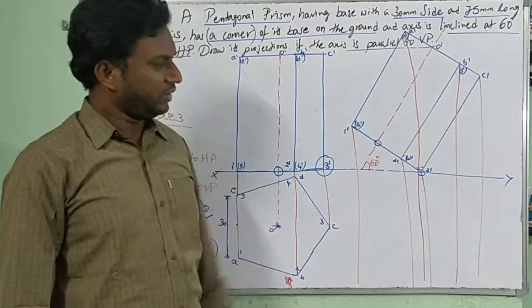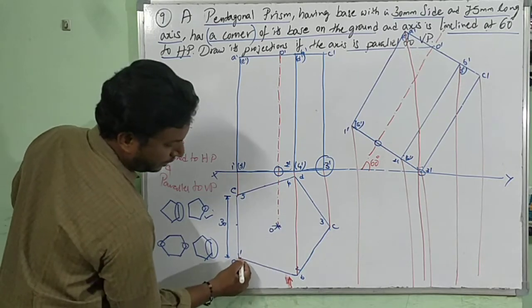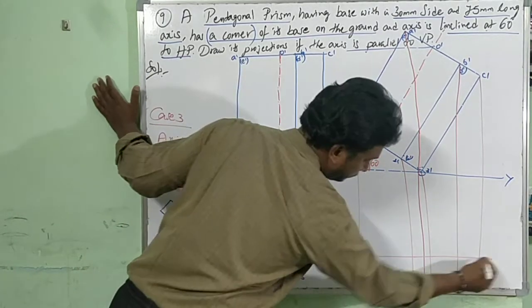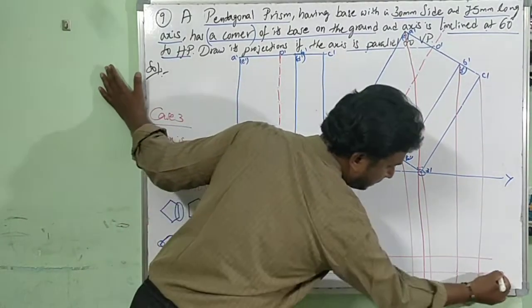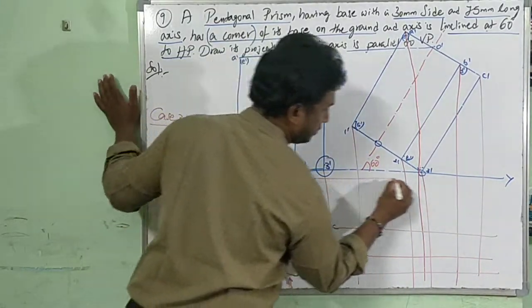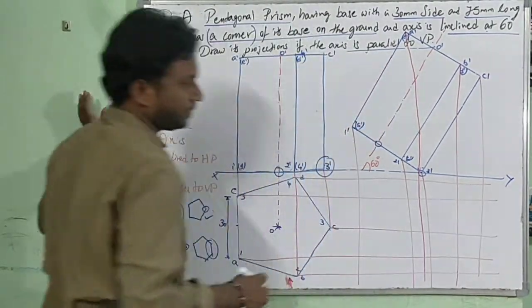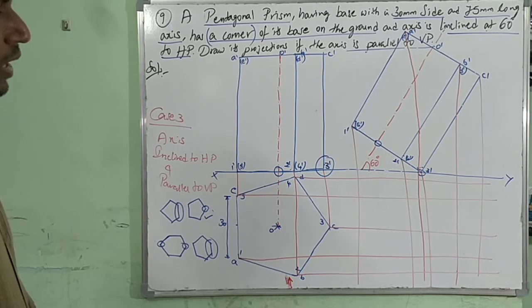Draw verticals. Now horizontals. They are separate from A, B, C, D, E. I have plotted all the lines.